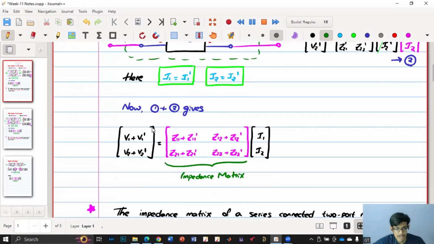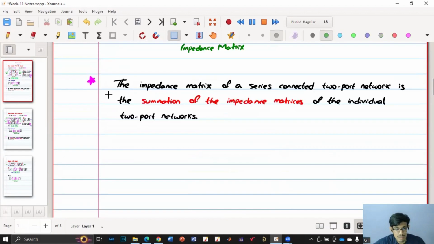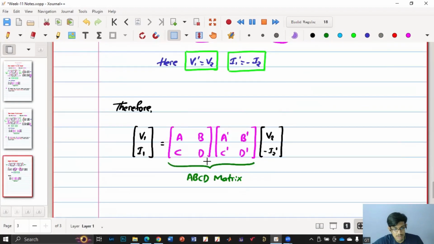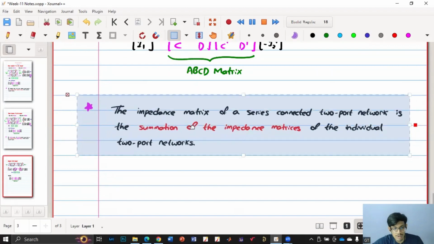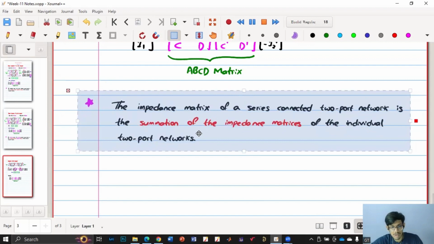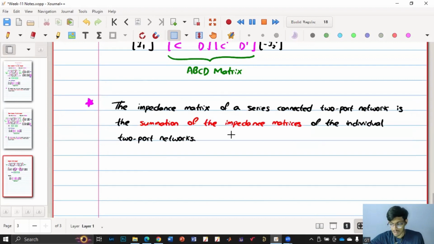So we'll get the similar thing. So here it is summation, there it is multiplication. Is product. So if we write that, so instead of ABCD, we'll have the ABCD matrix. So let me just modify.